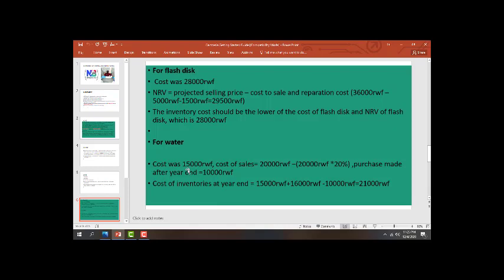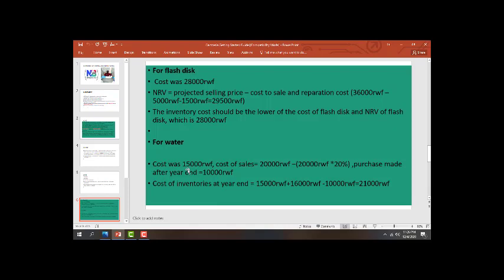So here the cost incurred to repair this flash disk is required to be subtracted from the projected selling price in order to get net realizable value, as I stated in the definition of net realizable value. The inventory cost should be the lower of cost of flash disk and net realizable value of flash disk, which is equal to 28,200 francs.